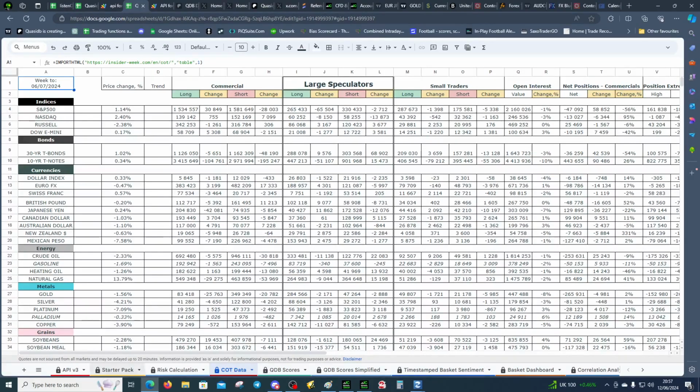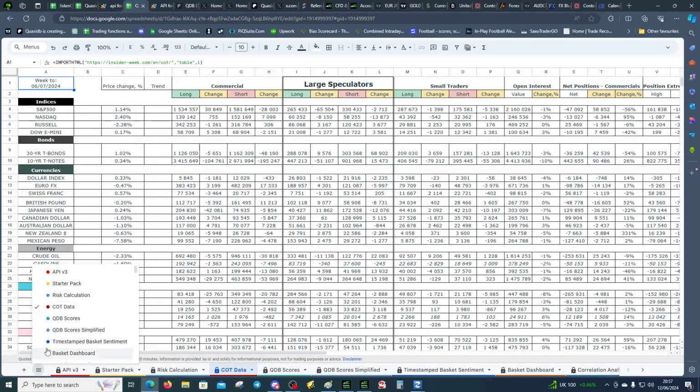It's really, really useful. And we've broken down the COT data here. So you can look at that at your leisure, and you'll probably find that your FX is going to maybe change, but quite substantially, potentially, by Friday. And this will update as soon as the data comes out.